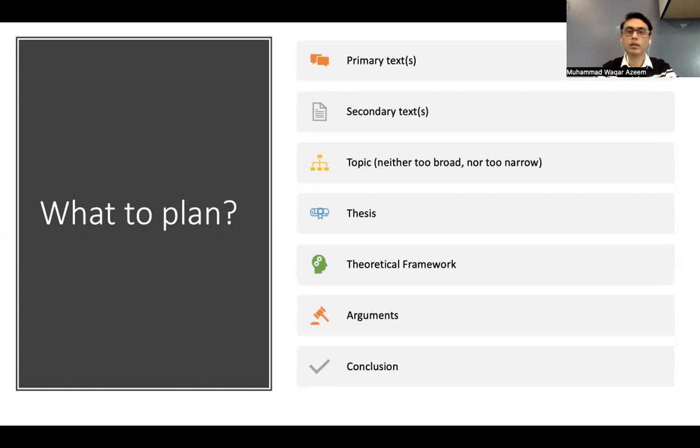The third thing in planning your academic paper is to have an initial idea of what is going to be your topic. So you chose a film, for example, to write your academic paper on. Now a film has many themes in it. So what is in that film that has attracted your attention?